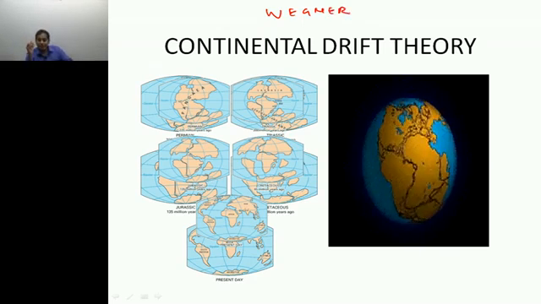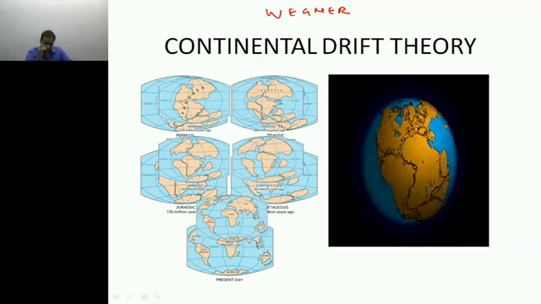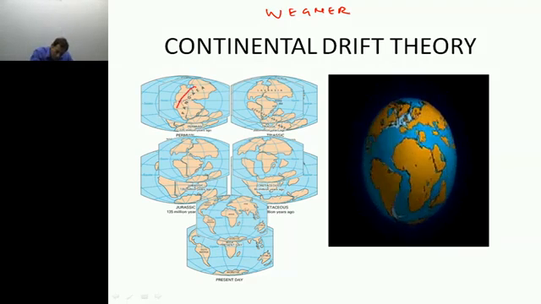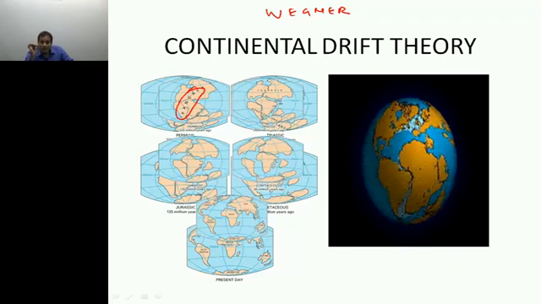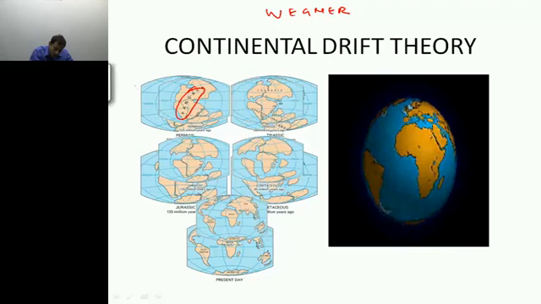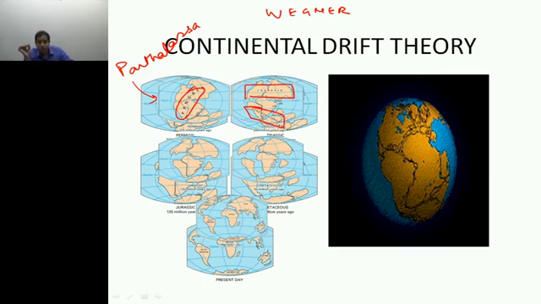Wegener said that Earth was initially made up of a supercontinent which was known as Pangaea. This supercontinent Pangaea was surrounded by a super ocean which was known as Panthalassa. Over the period of time, the Pangaea broke into Laurasia and the Gondwana land. I won't go too much into detail because we have already discussed this theory.